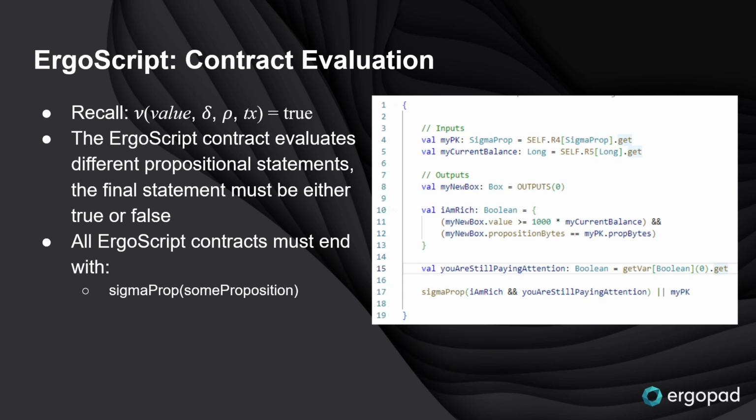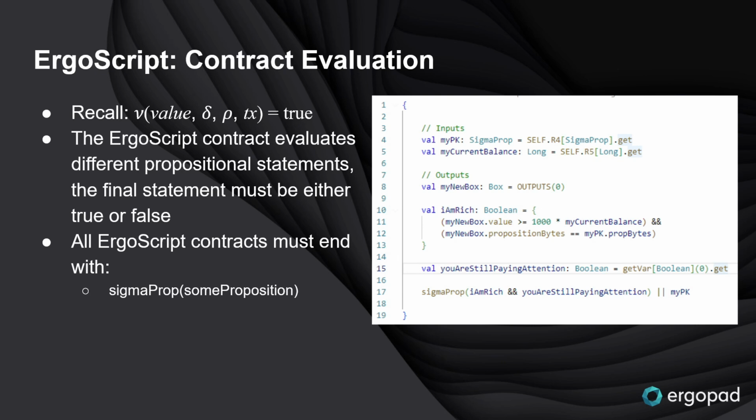And then we also want to know about a context extension variable, which will be a true or false statement, and it will let you know if you are still paying attention or not. And if you are both rich and still paying attention, then you will be able to spend the contents of this box.